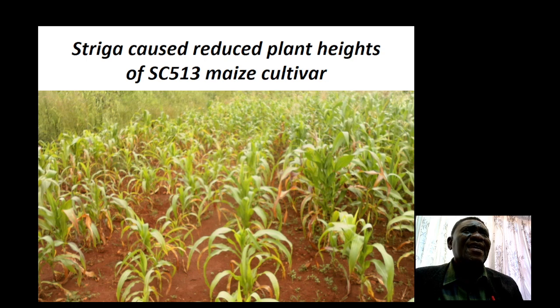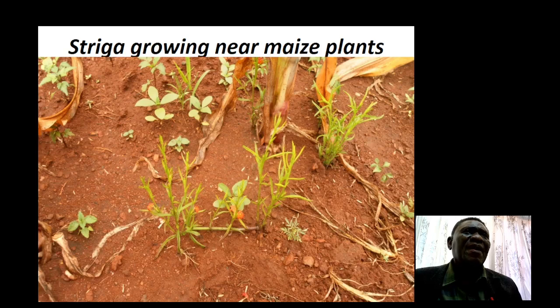This is SR 513, which is very susceptible under red soils. You can see the plants here are standard. Underneath there is a striga. This is the striga growing near plant stems.